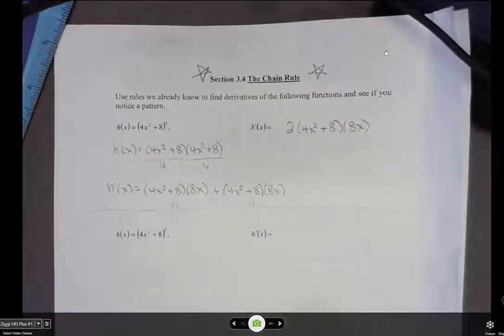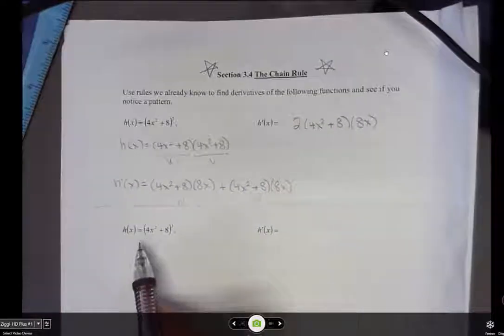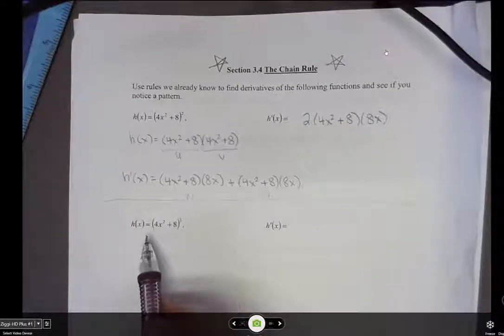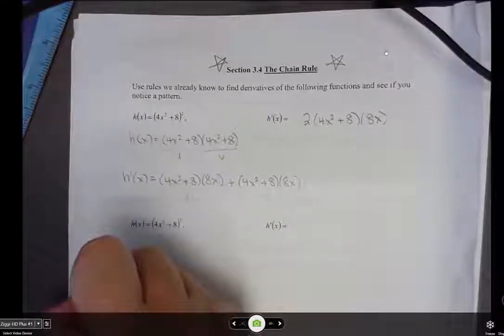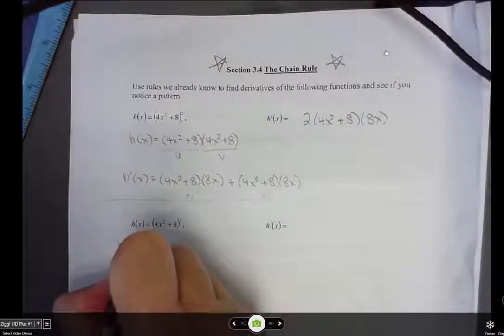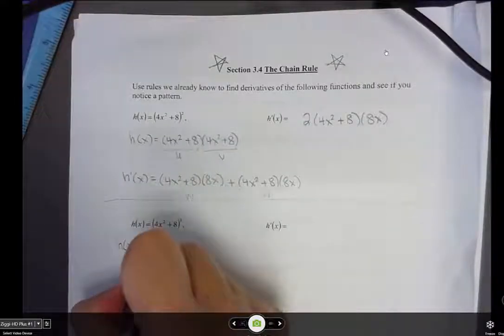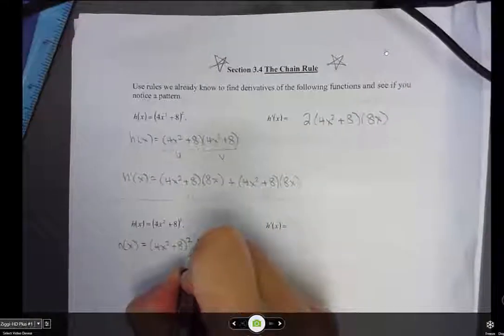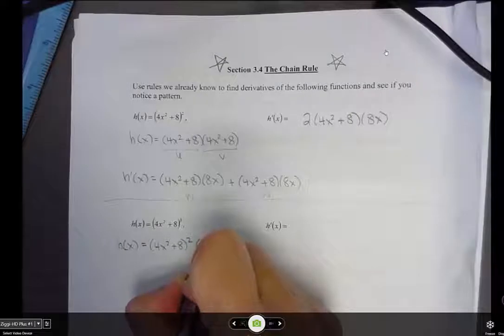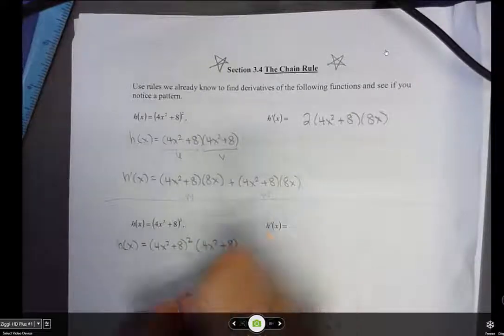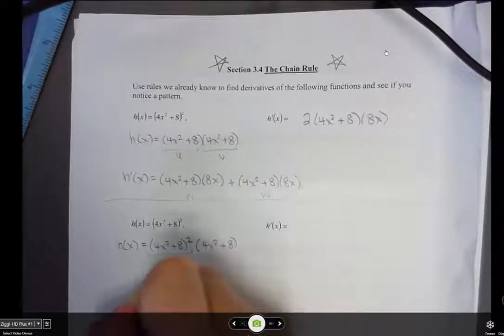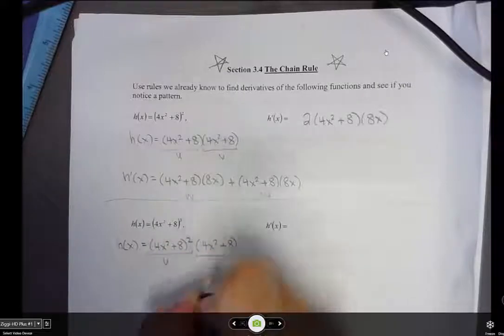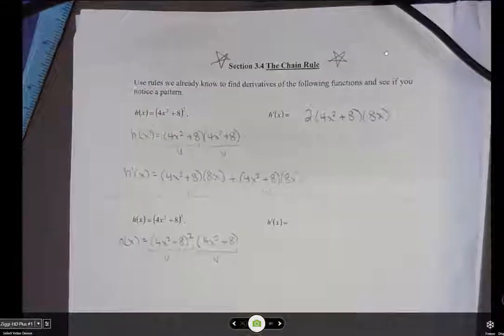Okay, so now let's look at if we have that set of parentheses cubed. So I'm not going to write out all three of them. I'm first going to write 4x squared plus 8 squared, and then the one left over. And I'm going to use the product rule again, where this is my u, and this is my v.